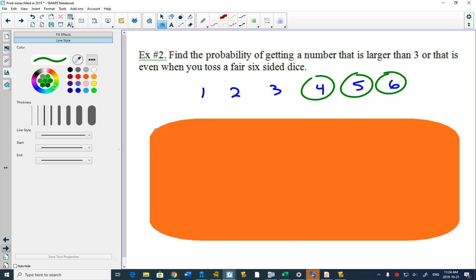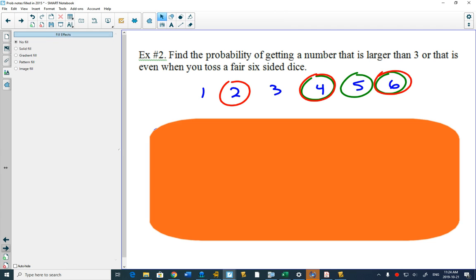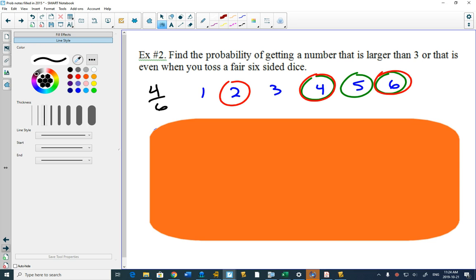Even, I'm going to circle in red. Okay? Again, in this situation, I would probably expect you to just write out the answer by thinking about it. What's the probability of getting larger than 3 or even? 4 out of the 6.